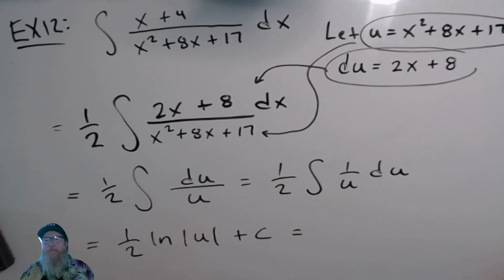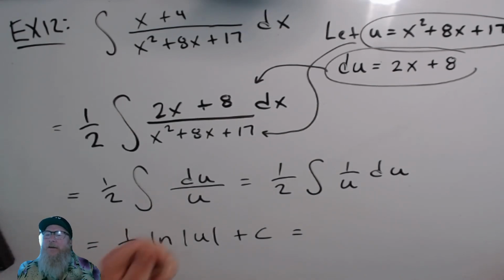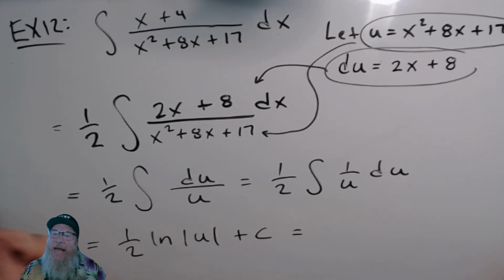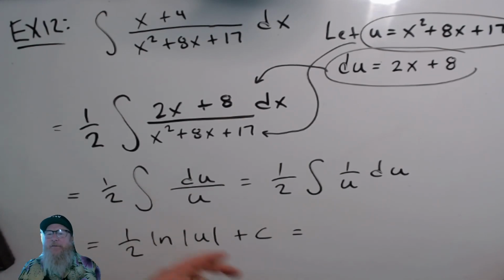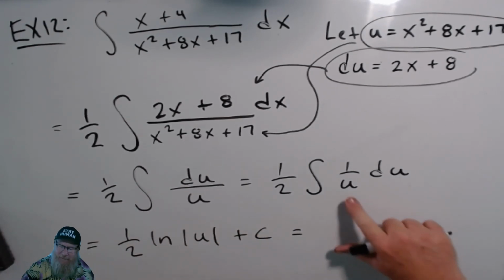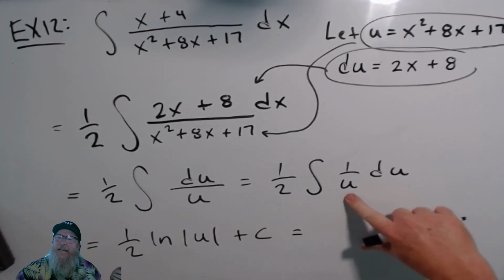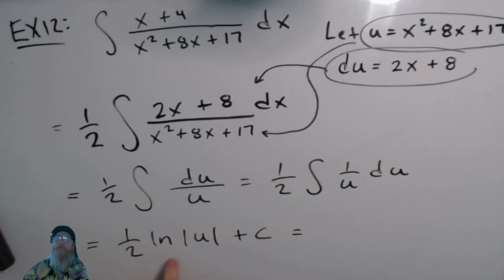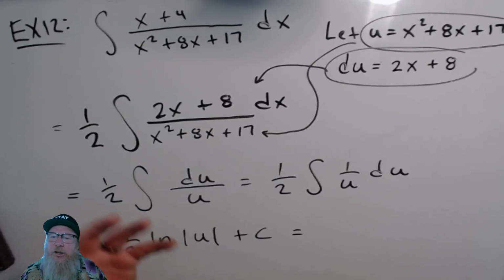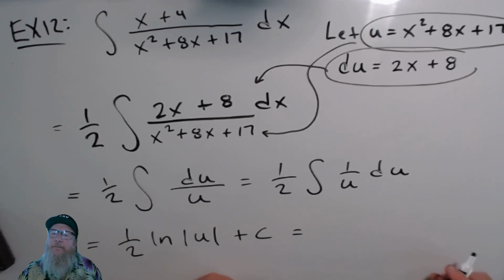You have the 1 over u, and the antiderivative of 1 over u becomes the ln. In other words, the ln can show up when you least expect it.